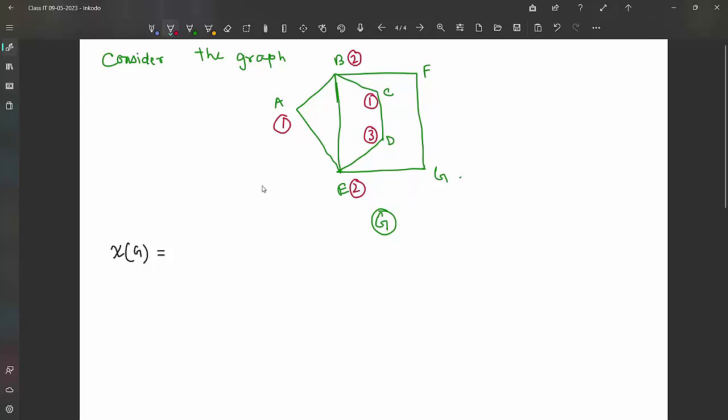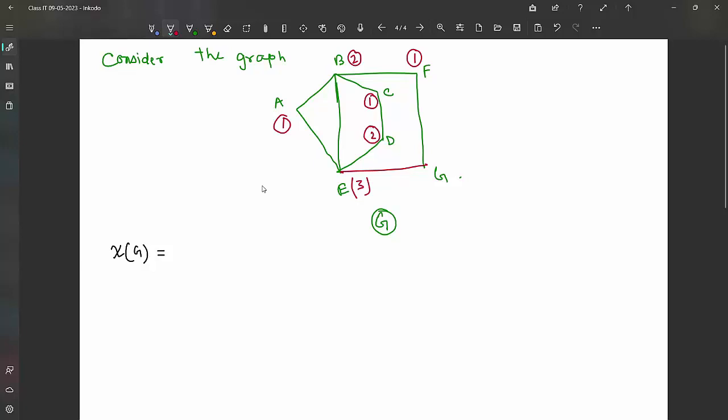Now F is not adjacent to B, you can give 1 here. Sir, B is connected to it, so how can both be 2? Oh yes, it is connected to B, obviously, yes. There is a connection between them, so obviously put 3 here, and you need another color here. D is not connected, so you can put 2 here.